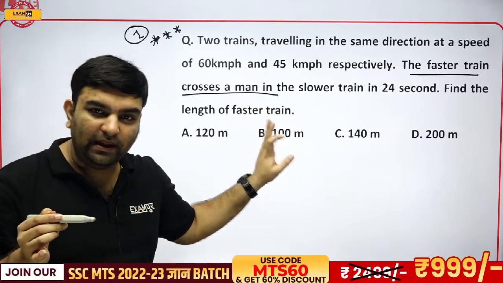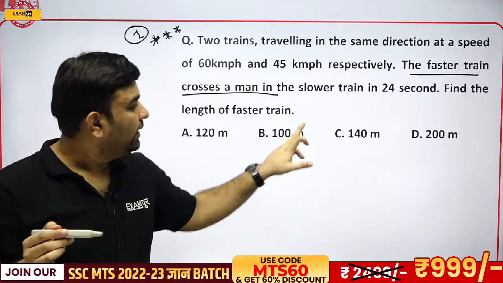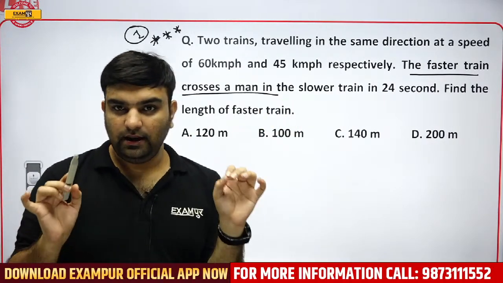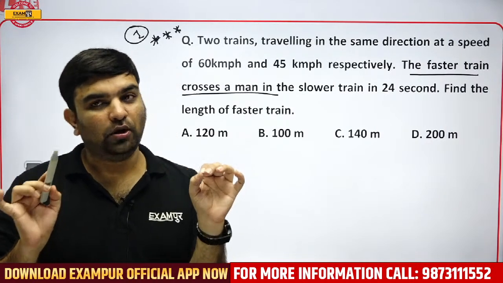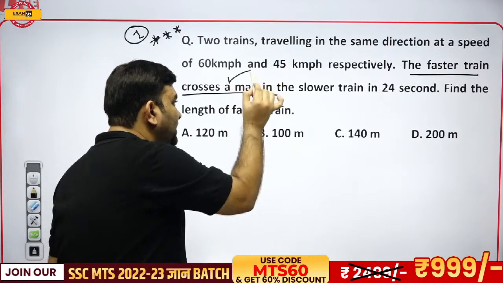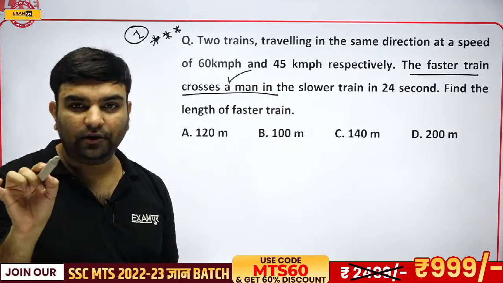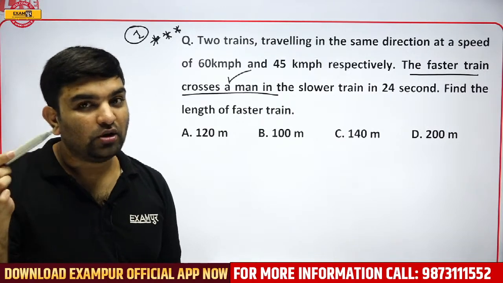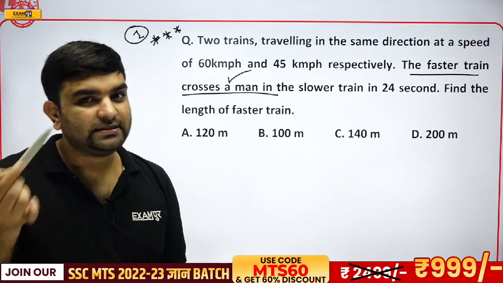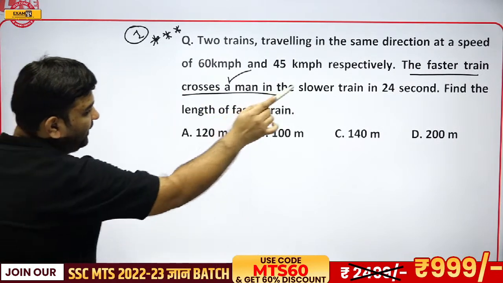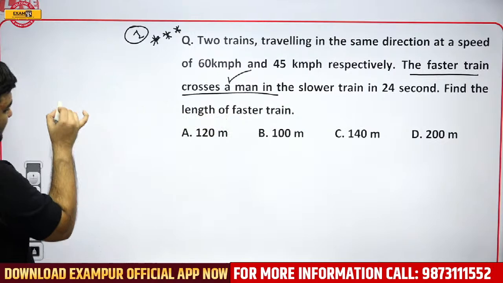It is crossing a man inside the slower train in 24 seconds. Crossing a man means crossing itself. So the faster train will cross itself.